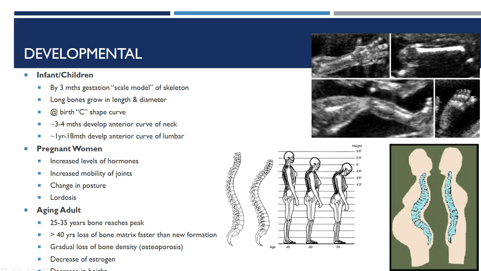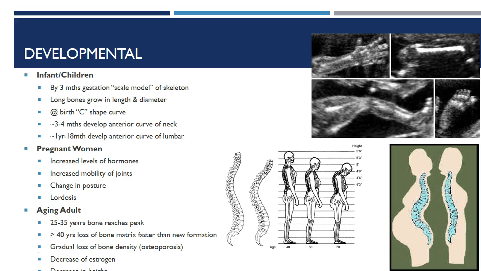And then an aging adult starts to lose bone mass, bone density, which is osteoporosis. A bone reaches its peak life in 25 to 35 years.